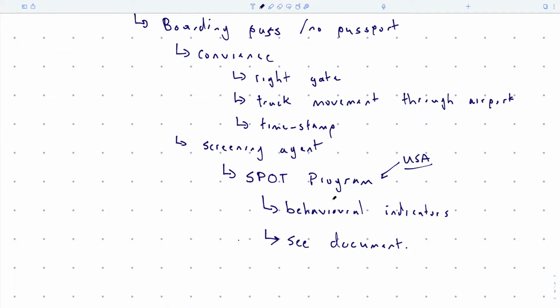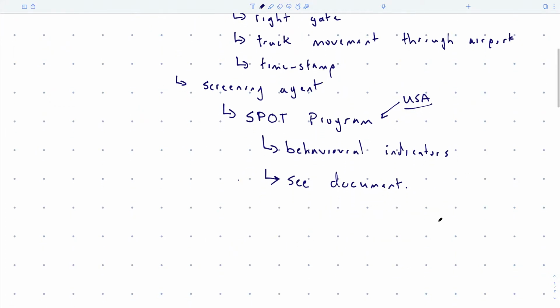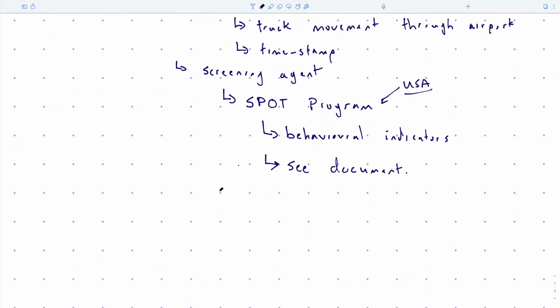If you get enough of a score, then they'll refer you to law enforcement. It's based on behavioral indicators. And a question you might have is how successful was SPOT? Is this kind of thing even worth doing?